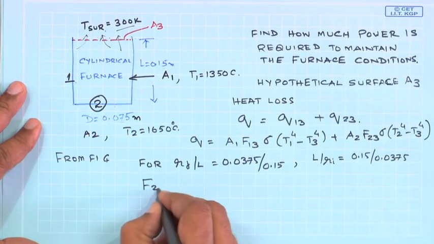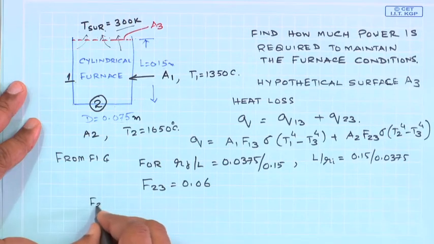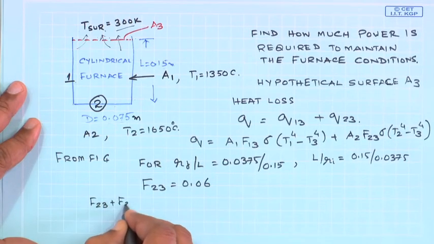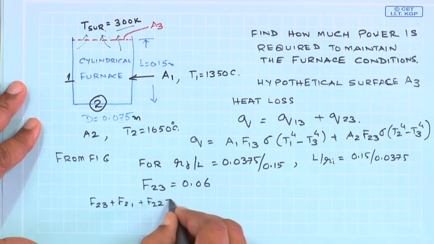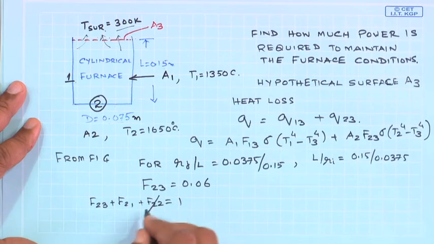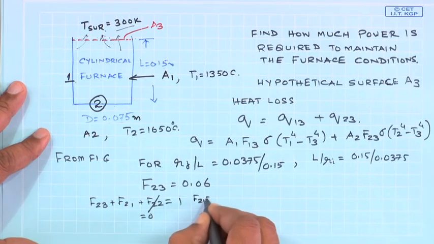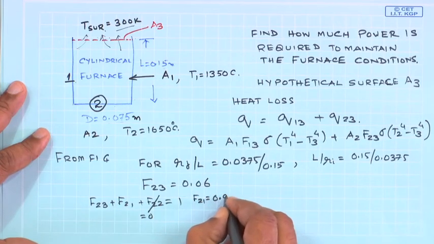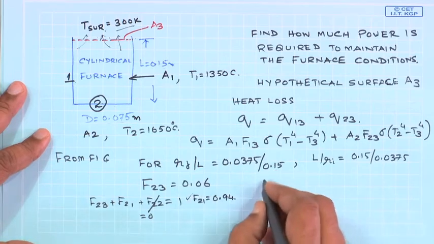You find out F23 to be equal to 0.06, and F23 plus F21, 2 is this surface, plus F22 is equal to 1. Since it is a flat surface, F22 is equal to 0. So, you can find out F21 to be equal to 0.94. Okay. So, F21 is known to you now.